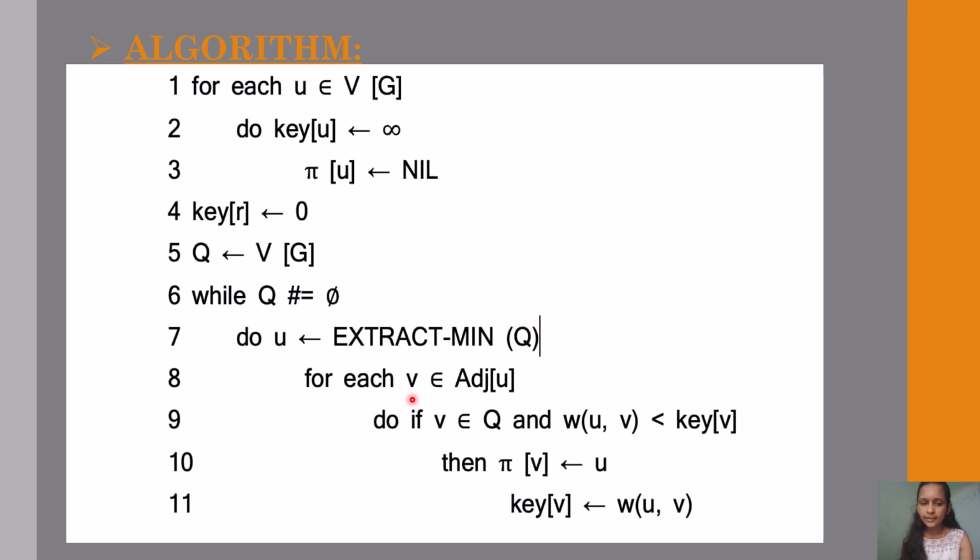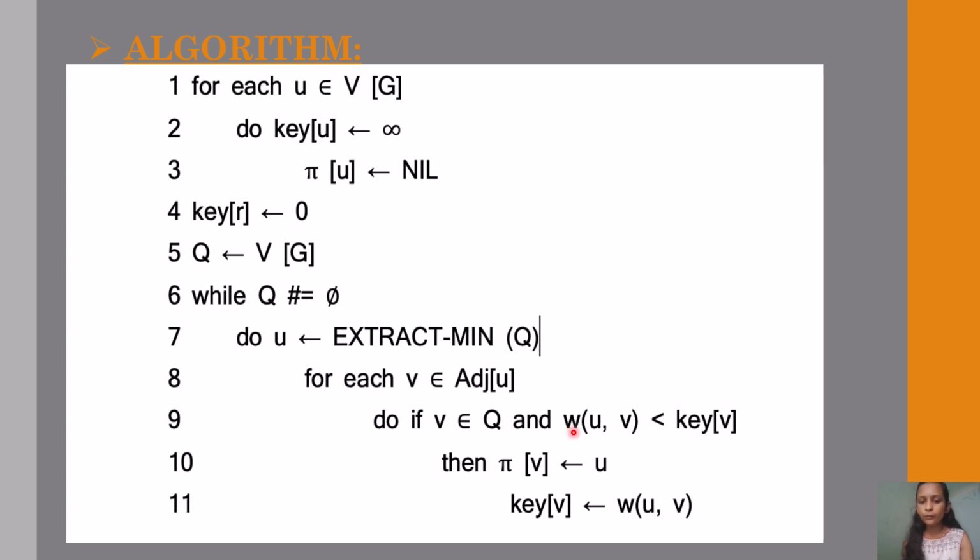The selected vertices are represented by V. It should be adjacent to U, and if the selected vertex belongs to the priority queue Q, it means it is not already present in the constructed minimum spanning tree.